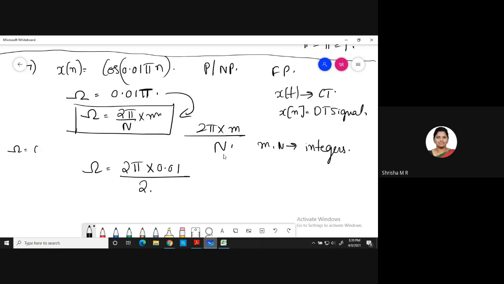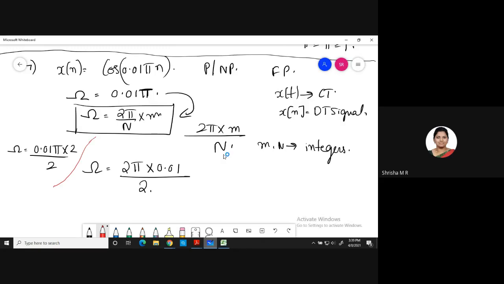I've written 2 pi into 0.01 by 2. Yes or no? Can we write like this? Why are you guys silent? Yes, ma'am, we can write. Are you guys following?